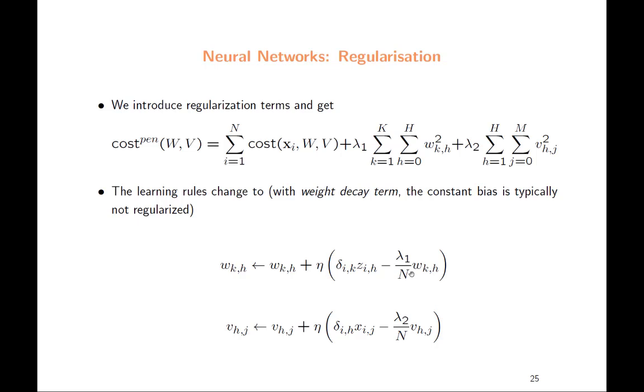This process is sometimes also called weight decay, because large weights will be encouraged to become 0, in particular if they're not used for the adaptation, if they don't see an error signal.